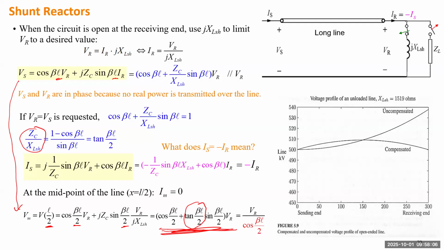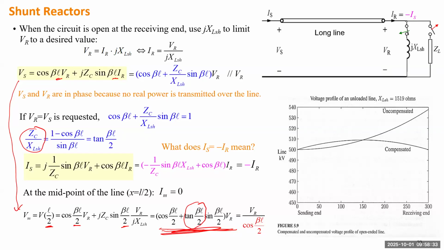Usually we use 5% as the threshold. So this has violated the voltage limit. So you want to switch in the shunt reactor, and we can make the load voltage set exactly at 500. But that will increase the voltage at the midpoint by about 10 kV. Okay, so an increase of about 2%.